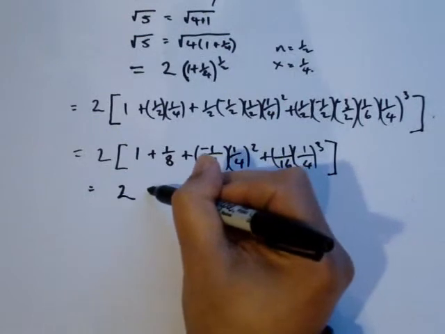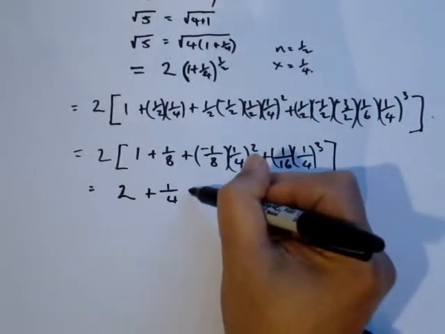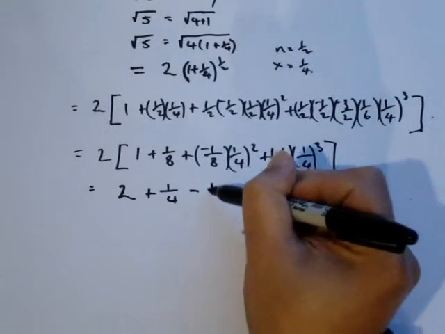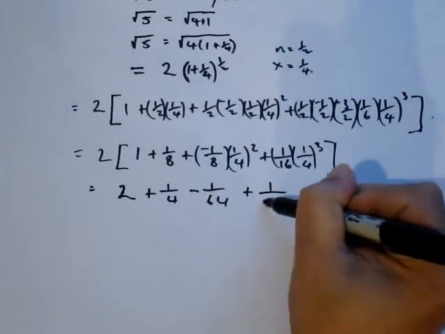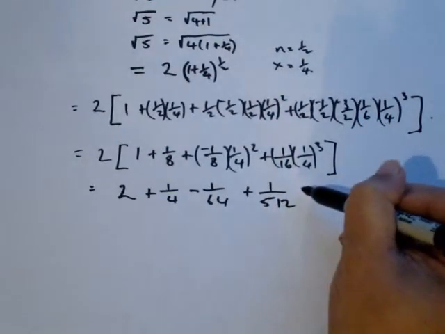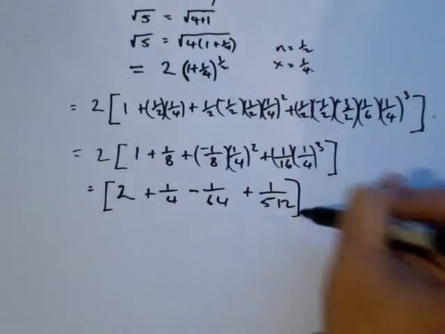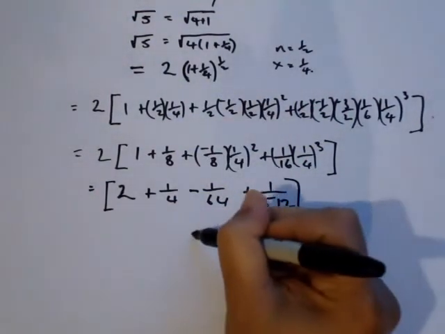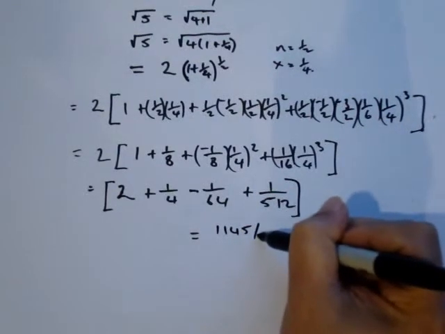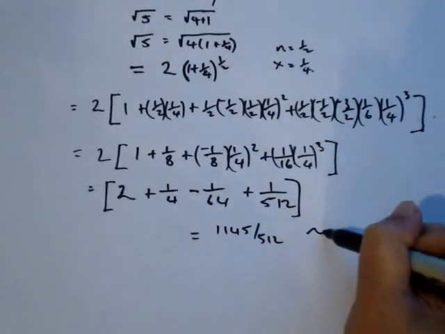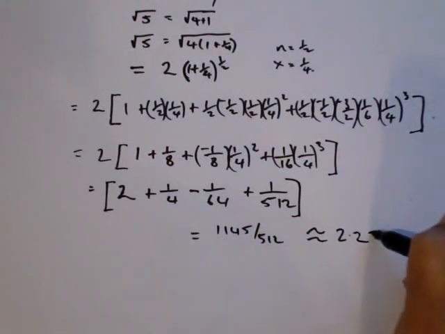So 2 plus 1 over 4 minus 1 over 64 plus 1 over 512. And this equals 1145 over 512, which is approximately 2.26.